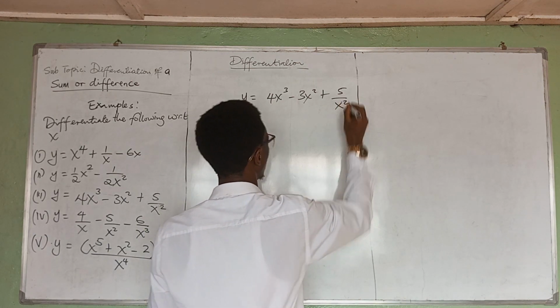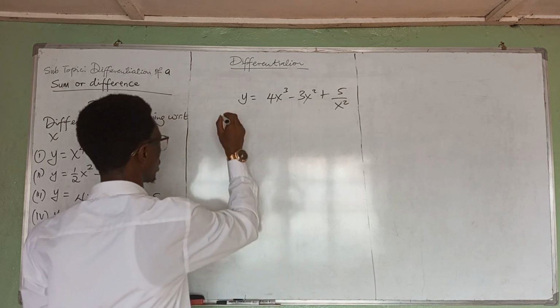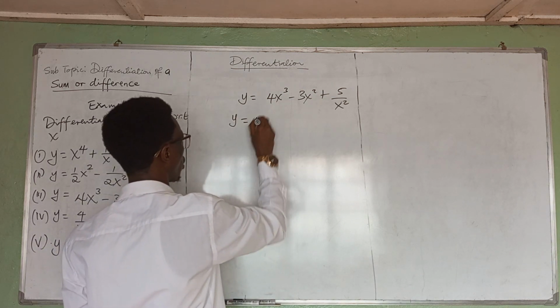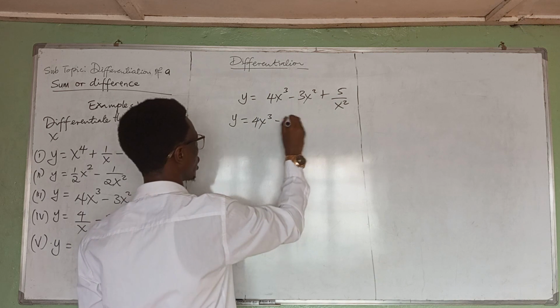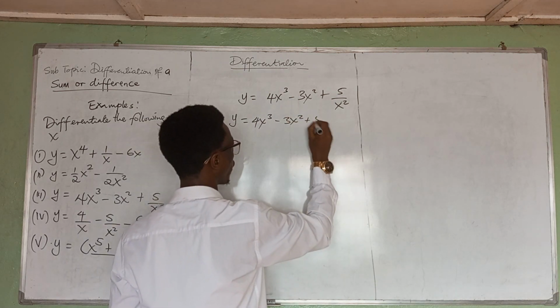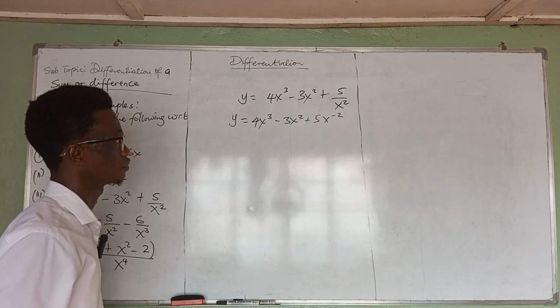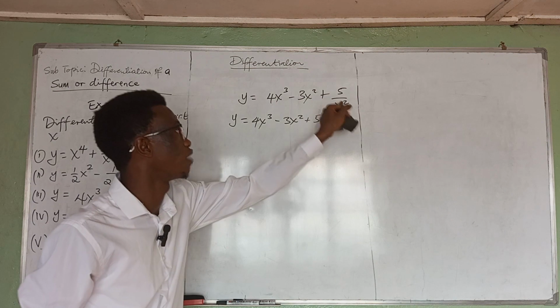Okay, so again the same thing, we have to change this first to a whole number. So that becomes y equals 4x cubed minus 3x squared, then plus 5x raised to the power minus 2, because it was 1 over x squared.